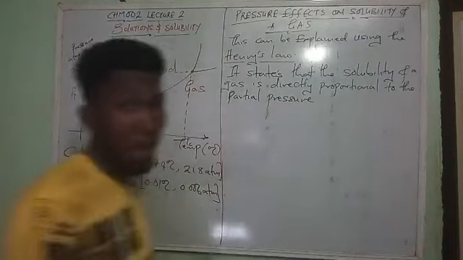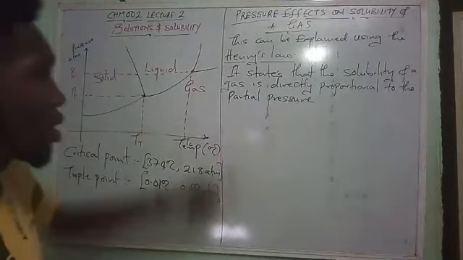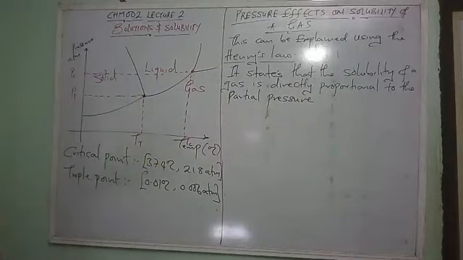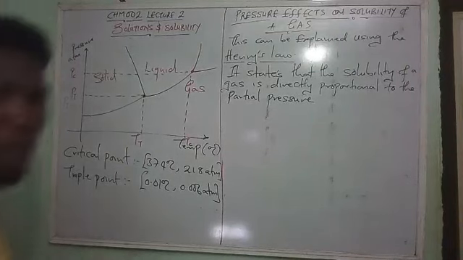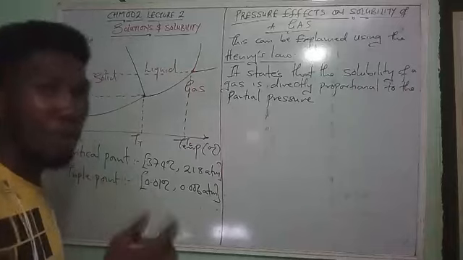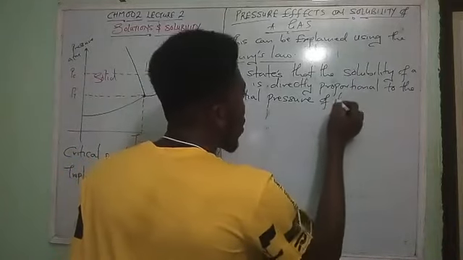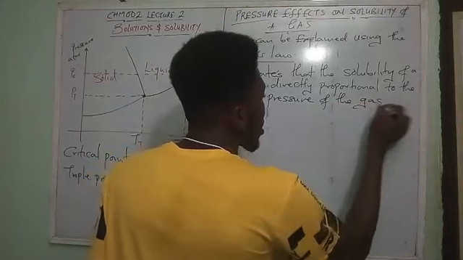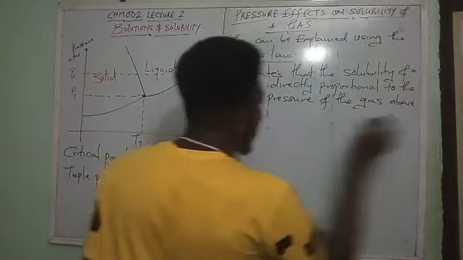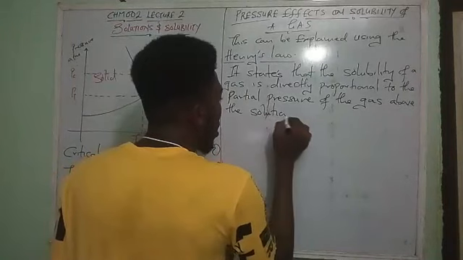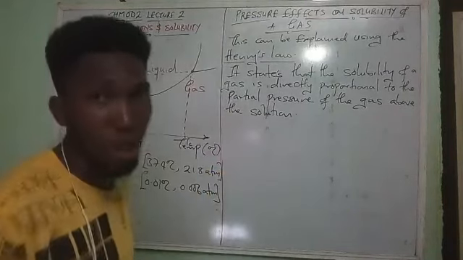The solubility of the gas is how the gas dissolves. And when you say directly proportional, it means that the solubility will be higher when the partial pressure is higher. So it's directly proportional to the partial pressure of the gas above the solution.